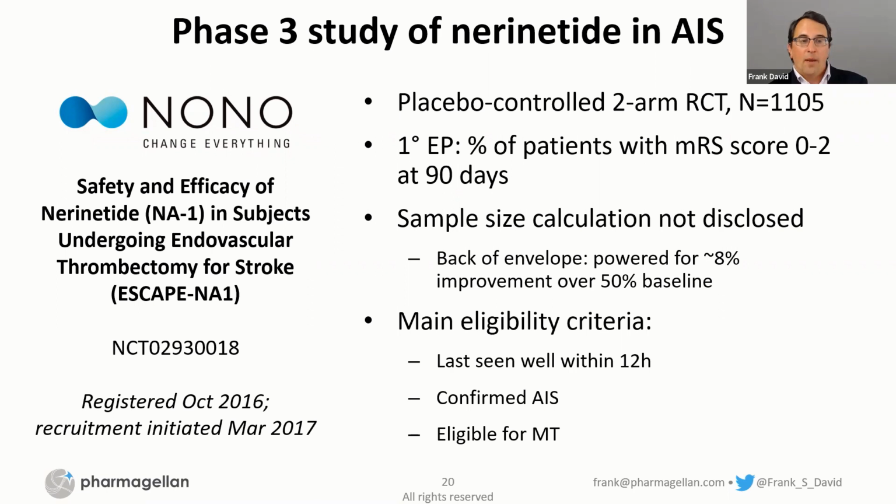And also, these were all patients who are eligible for mechanical thrombectomy. As I said before, this is a subset of patients who have these large vessel clots that you're going to treat pharmacologically in conjunction with a device-based intervention. That's important for two reasons, not to get too far off topic. From a valuation point of view, that would probably be the label, and that would be the population that you would get approved for in this kind of situation.